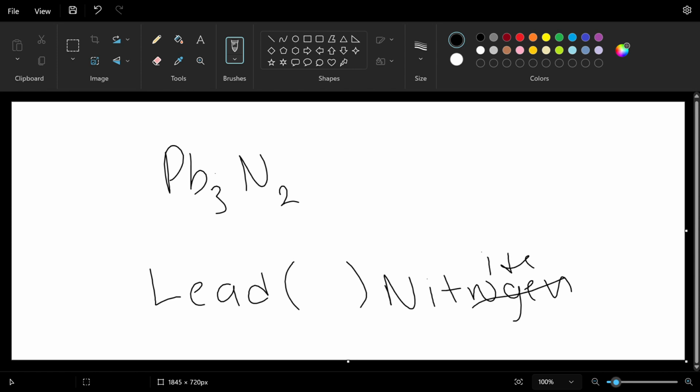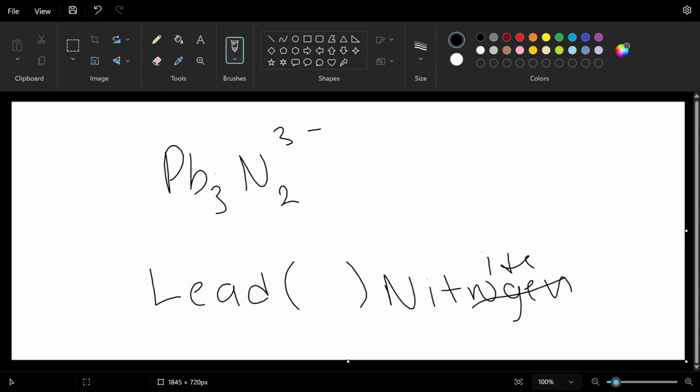So in order to do this, you're going to look at the charge that is given to the second element, since remember the first element is a transition metal, so it does not have a set charge. For nitrogen, if you look on your periodic table, it has a charge of 3-. Now, this is where you find the charge of lead.